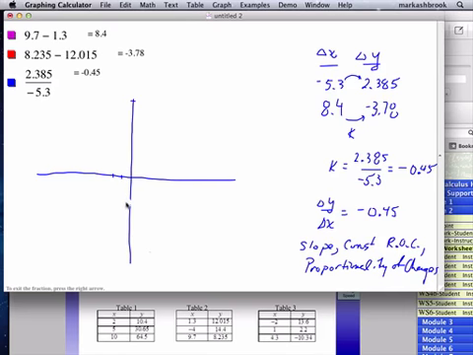What is it? 1.3 and 12.015. So here's 1, 2. 1.3, 12.015. Next point, negative 4 and 14.4. And then finally 9.7 and 8.235. Okay, so those are the 3 points they gave us.